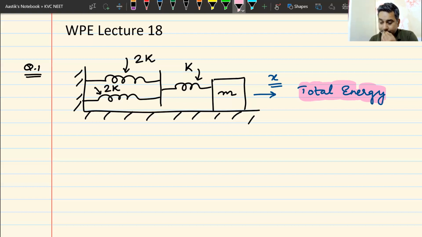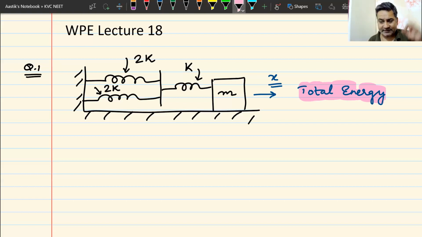So instead of asking what is the total energy stored in the springs, I can also ask you the same question in a different language. I can also ask you what is the work done in extending this block or in moving this block by a distance x. So either I ask you what is the total energy stored, or I ask you how much work has to be done to move this block by a distance x. The question is the same, the wordings are different.